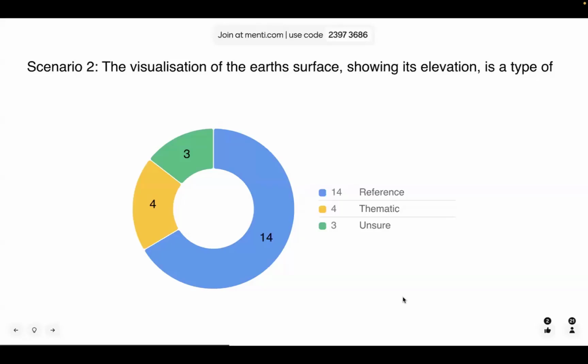Again, depending on your kind of research questions and your intentions, you might also argue that this is a type of thematic map. And this is because research has suggested that studying a topographic map is a great way to learn how to match terrain features with the contour lines on a map, such as the steepness of the terrain, the weather, whether this is above or below sea level.